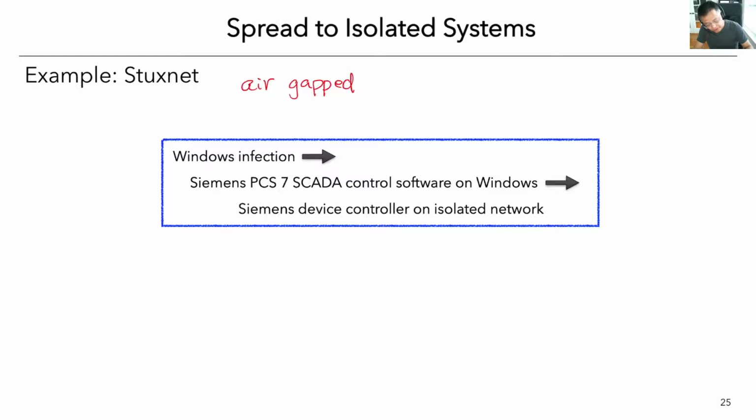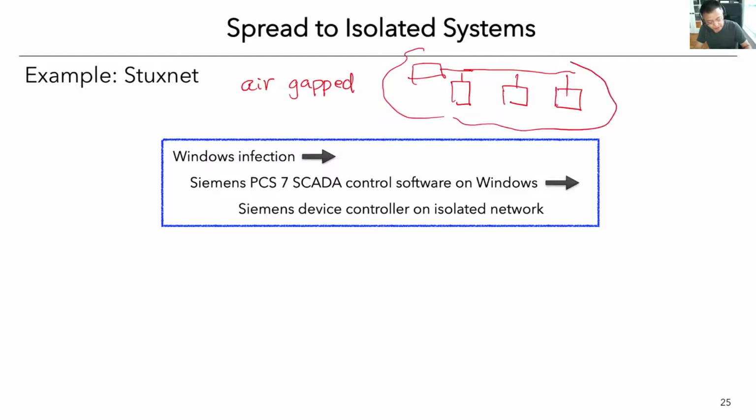Okay, you have a system maybe inside a small network. But this small network, so this is the networking gear, is isolated. It's not connected to the internet. Okay, it has its own internal system.